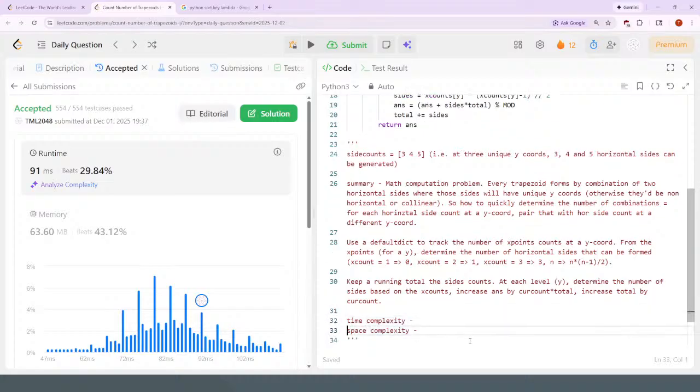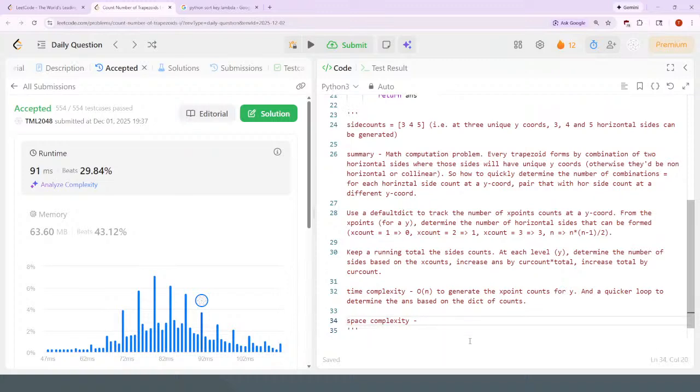Alright, time complexity. This is going to be O of n to generate the x point counts for each y, and a quicker loop to determine the answer based on the dictionary of counts.